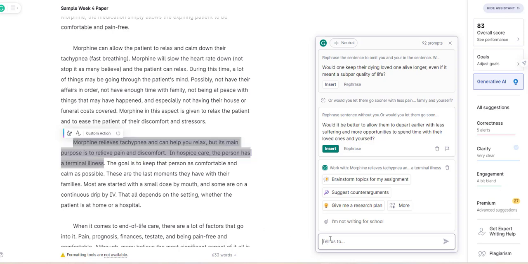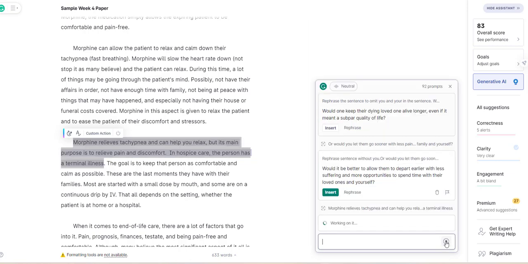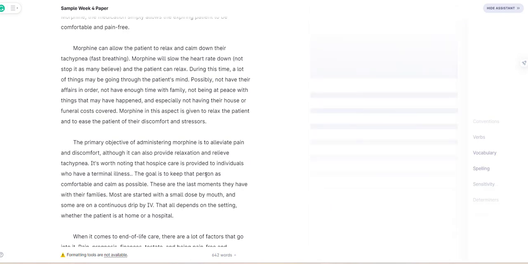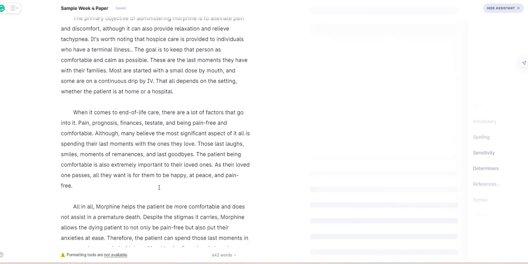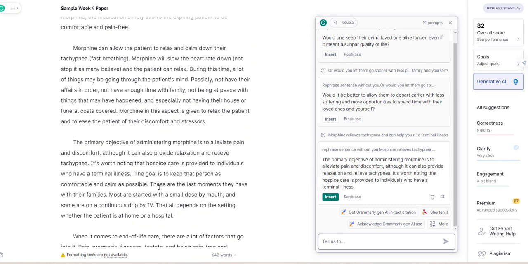So here you would rephrase the sentence without "you." And then you just do it little by little. This is the last one I'm going to do. Okay? And then it also makes the sentence sound better. And then you just insert. So you go sentence by sentence, and it will take care of it for you. And then little by little, your score should go up.